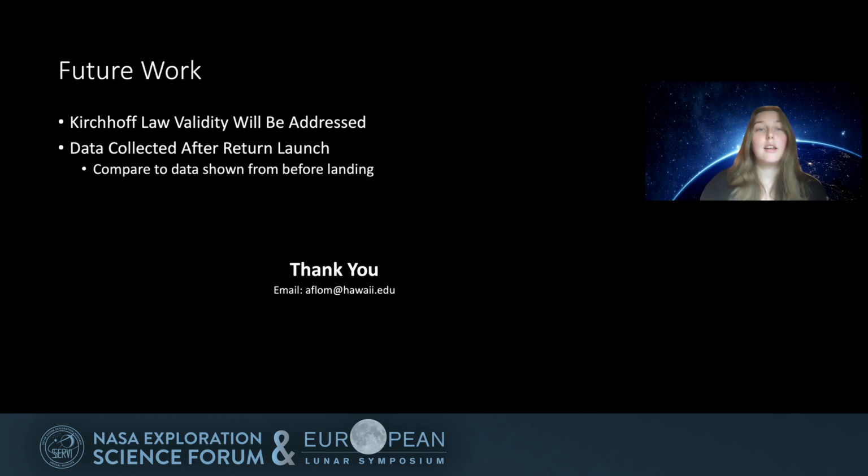So in the future, we're going to be looking at Kirchhoff's law's validity at 3 microns and addressing it. In addition to that, for the Chang'e site, we have data collected from after the return capsule launched, so we can compare that data to what was shown before landing as well, which will be really interesting.